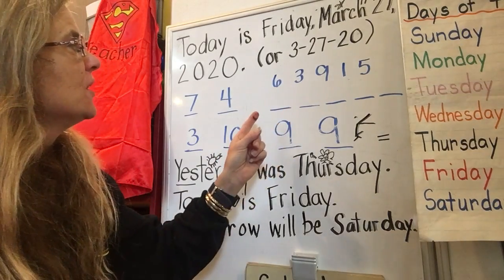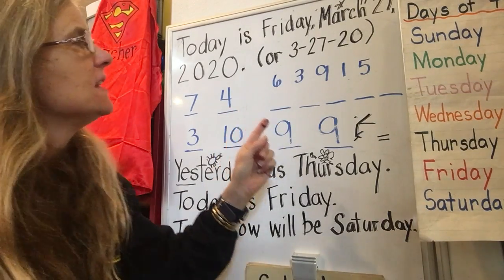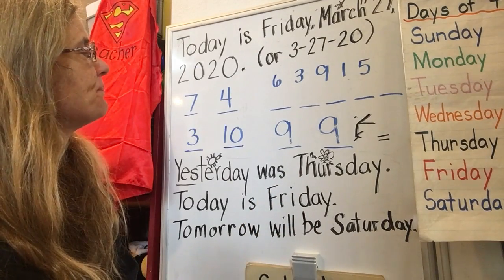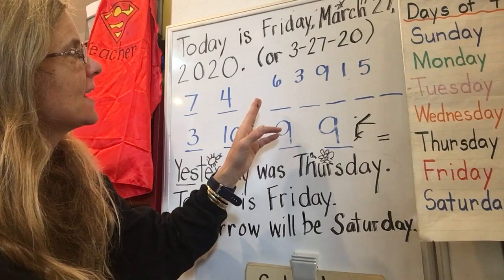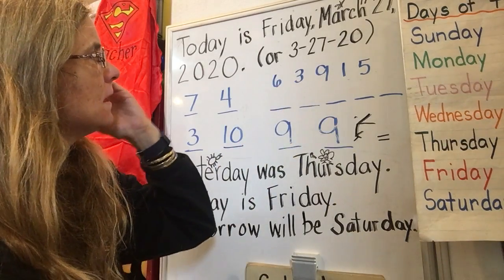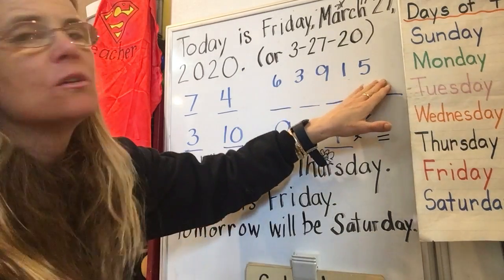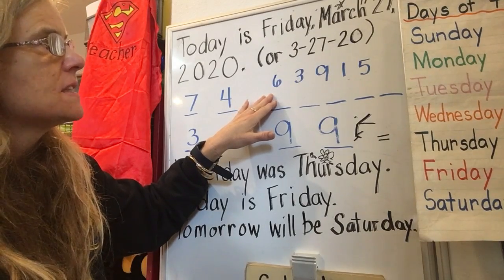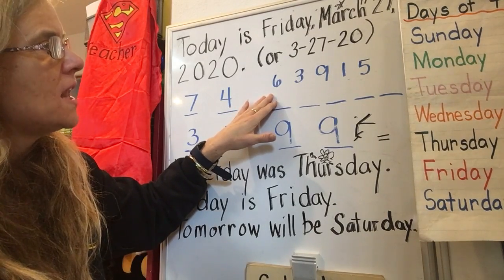First of all, I want to figure out which of these is greater and which of these is less. Okay, so the smallest number in the count sequence that I see here, I start with 0, but I don't see a 0. And then 1.